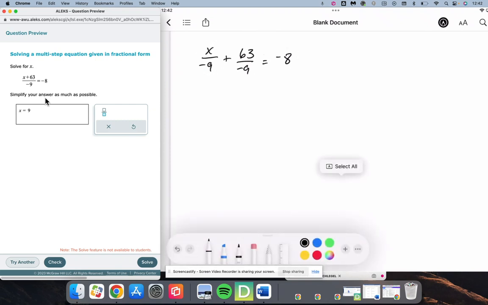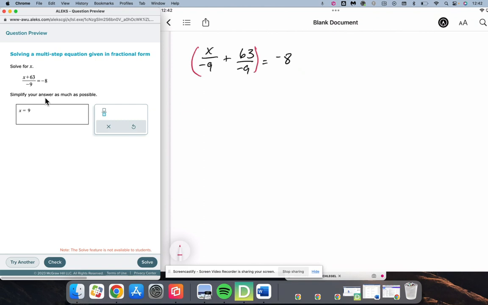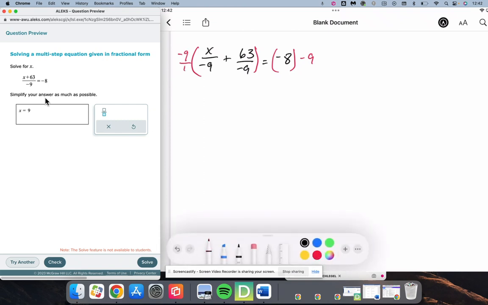Okay, and so as we've done in previous lessons, we see that our denominator is negative 9. We don't like that. We are going to multiply both sides by negative 9 to make it so that the denominators will divide out evenly. So we'll get negative 9x over negative 9 plus, that's a huge number. Don't freak out when you see the size of the number.